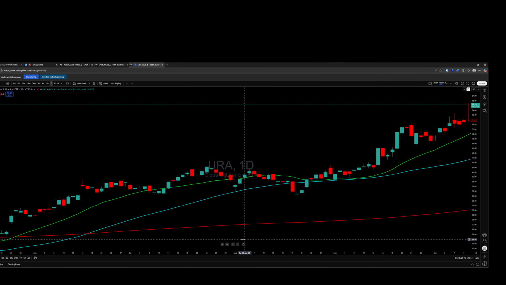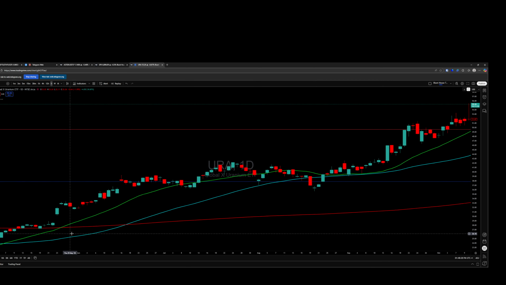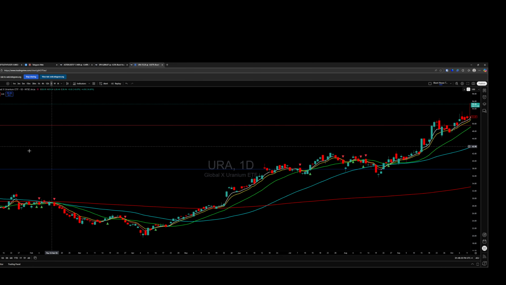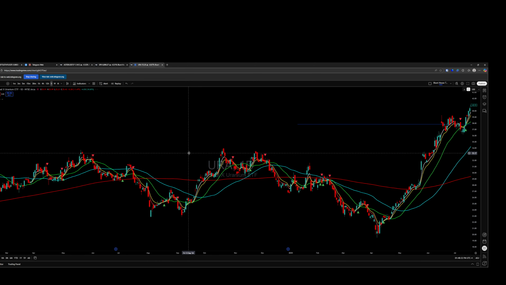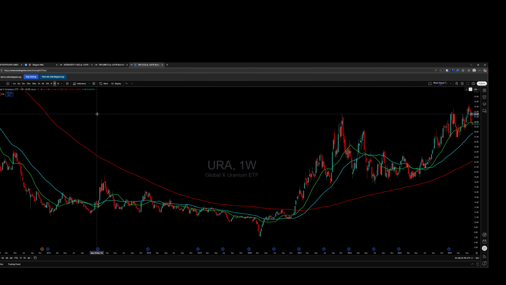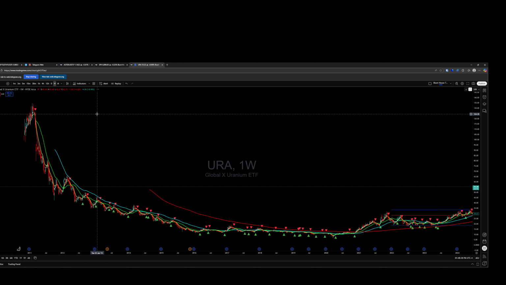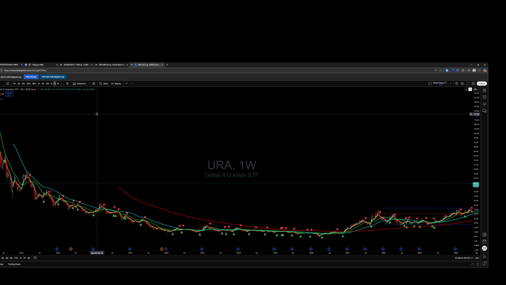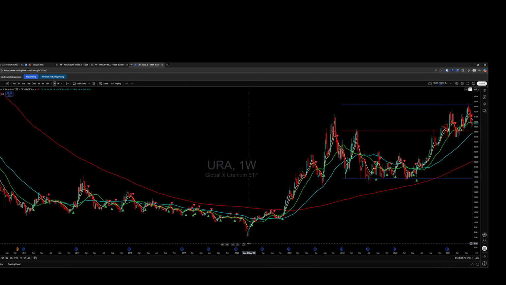And here's that uranium chart. This is the daily. Go to the weekly, take some noise out of this monster. You know, like you're talking of going to like $100 a unit to 15, 13.